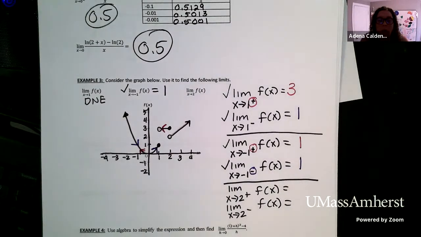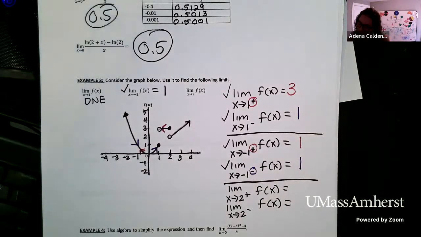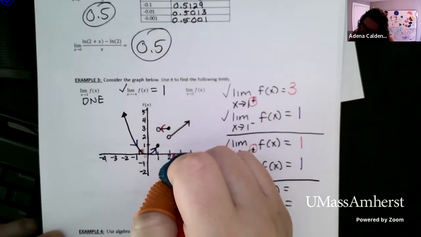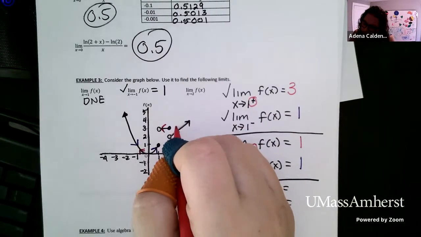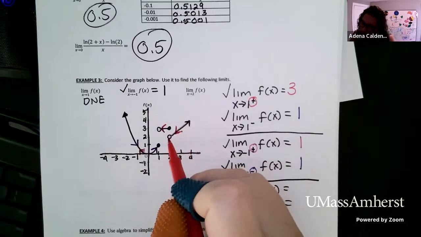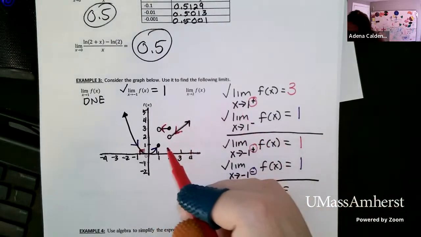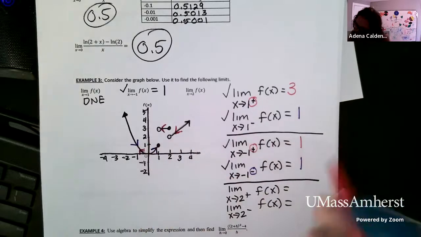Okay. So then we look at what's happening at 2. So when we approach 2 from the right, we're somewhere over here between 2 and 3. So that means we are on this part of the function coming down. Okay. And what I see is that's approaching an x value of 2.